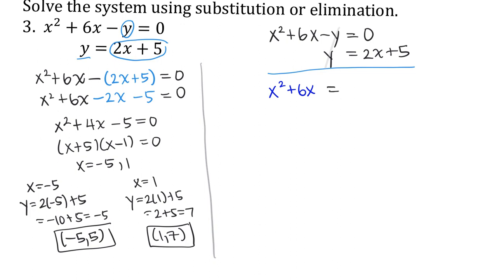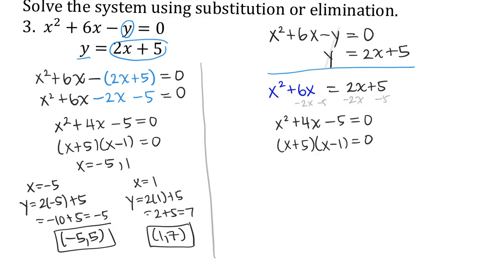And then on the right side, I still have the 2x plus 5. It looks weird, but once I minus the 2x over, I get x squared plus 4x. And then I can also minus the 5 over. Then I can keep solving it like we did on the other problem. After this, I'm going to get the same answers I got over here.